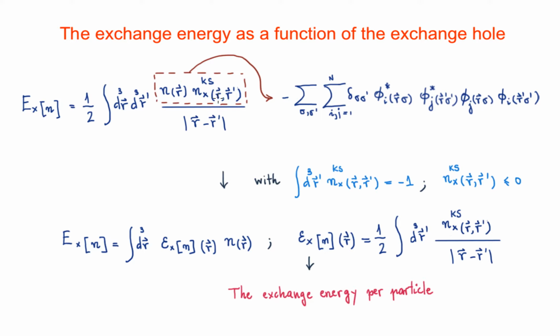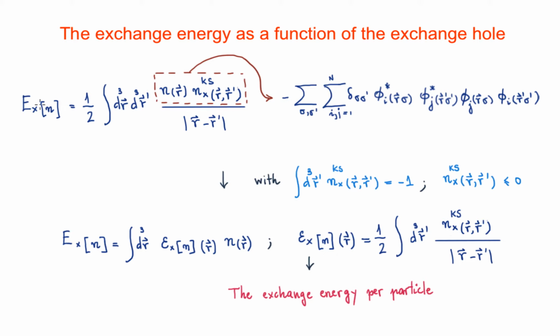And using the constant wave functions, we have seen that the product of the density and the reduced exchange hole within the constant approximation can be written in this way in terms of the constant wave functions. Besides that, the reduced exchange hole within the constant approximation satisfies these two interesting constraints.